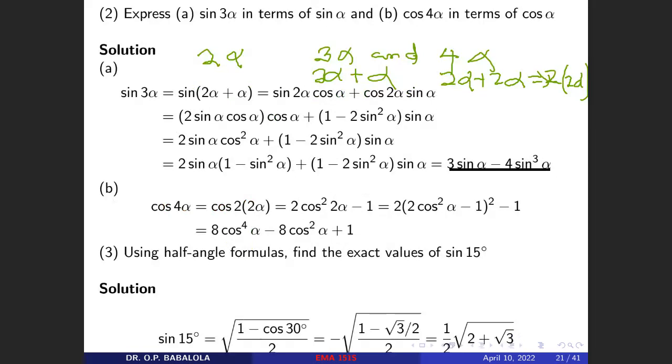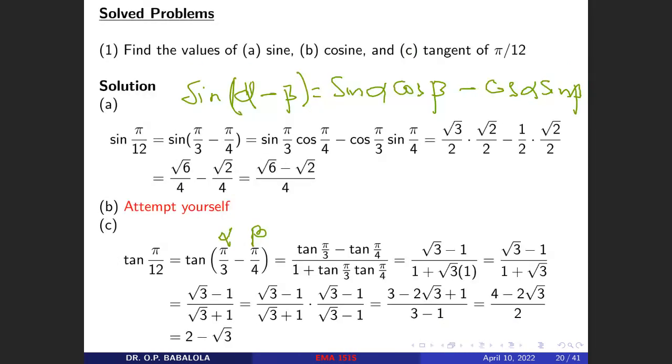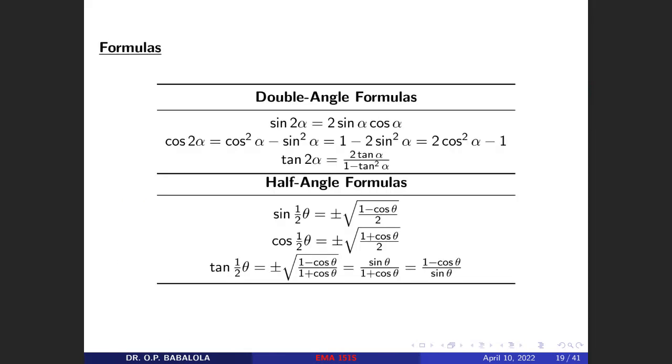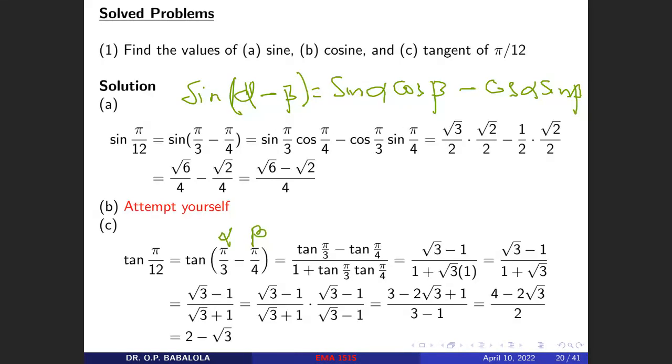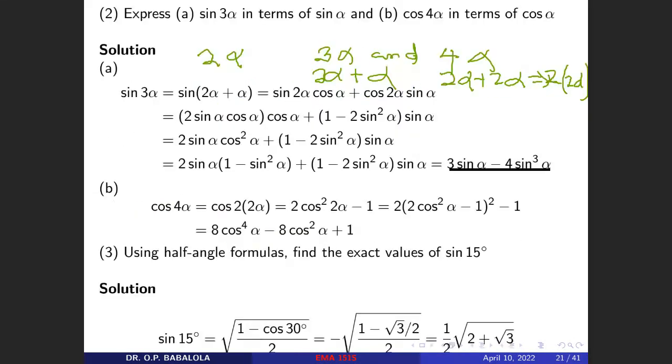Now we're given sine 15 degrees. So with sine 15 degrees, we have what? Now we're considering sine. Let me go back. You can write this down in your notes. Sine is equal to plus or minus square root of 1 minus cos theta over 2. That's what we want to use there.